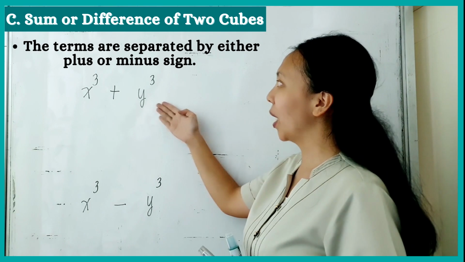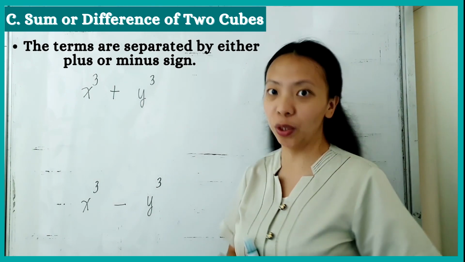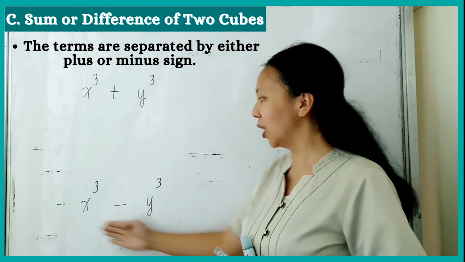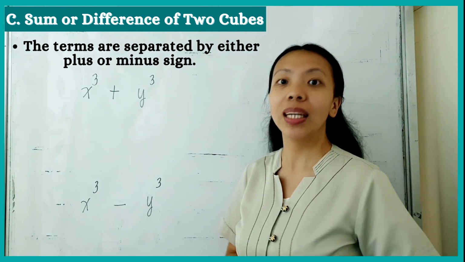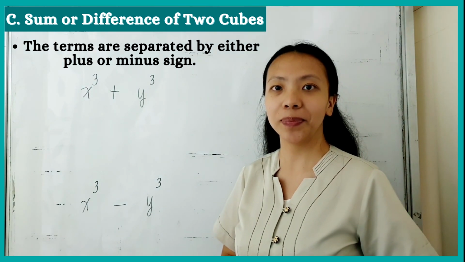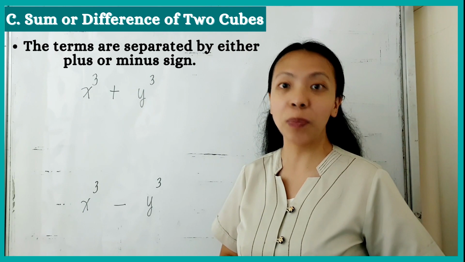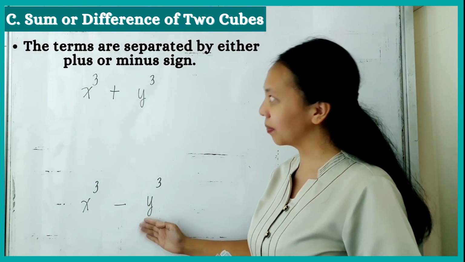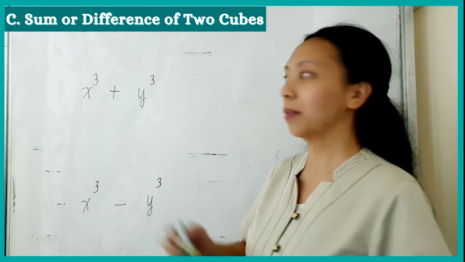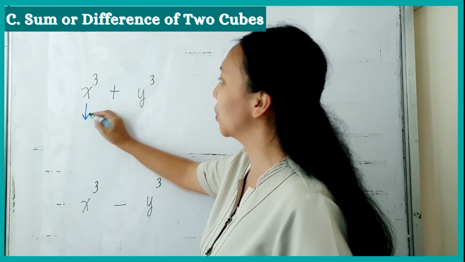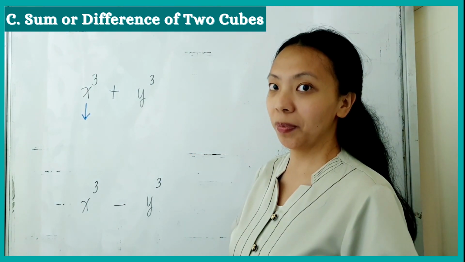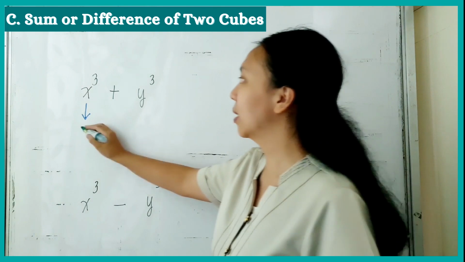X cubed plus y cubed is a sum of two cubes, while x cubed minus y cubed is a difference of two cubes. How do we factor polynomials of this kind? Here's how we are going to do it. Extract the cube root of the first term. The cube root of x cubed is x.